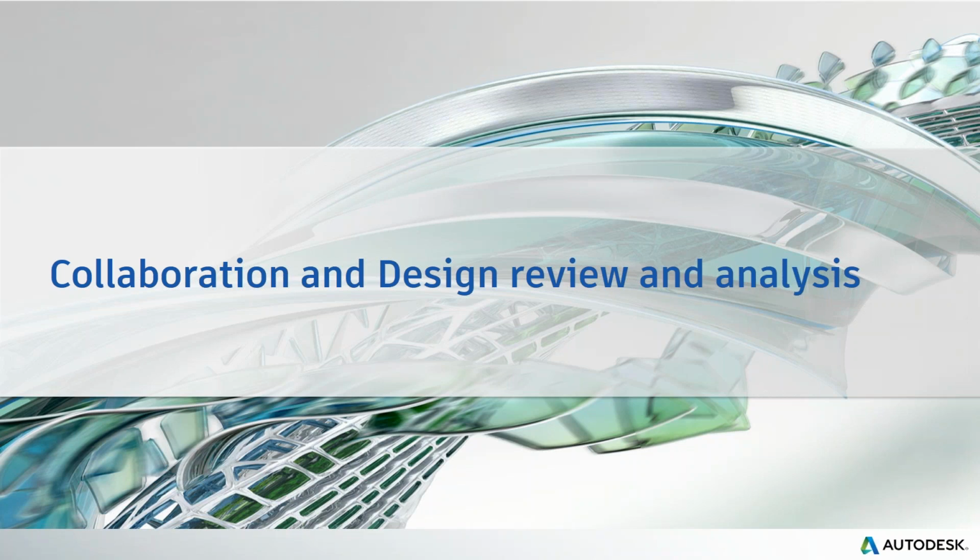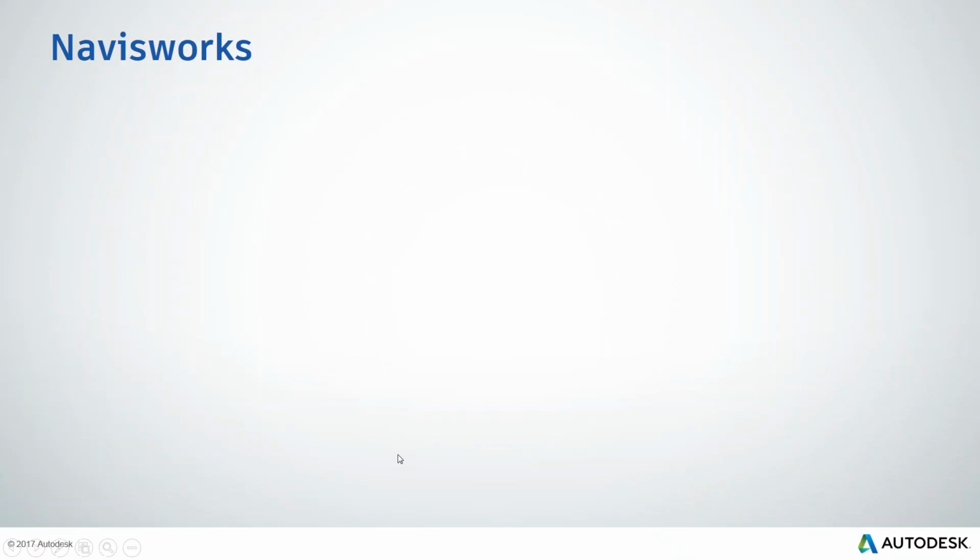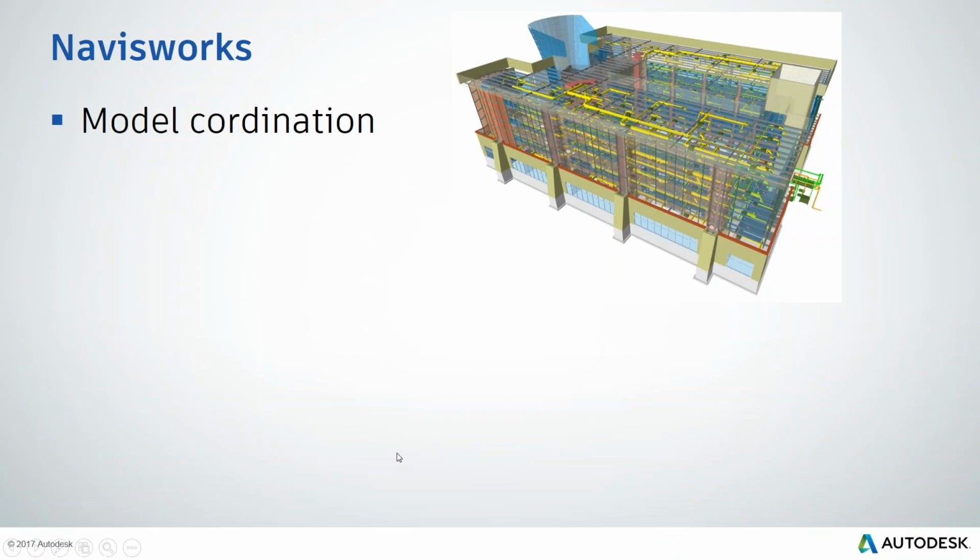So for these people, what we are offering is a product called Navisworks, which can help you with model coordination. If you have, for example, an MEP engineer in one office, an architect in another office, and a structural engineer in another office, this supervisor can coordinate all these models and bring them together.